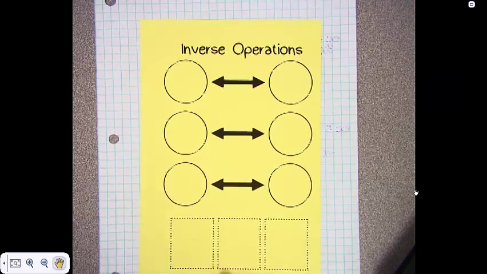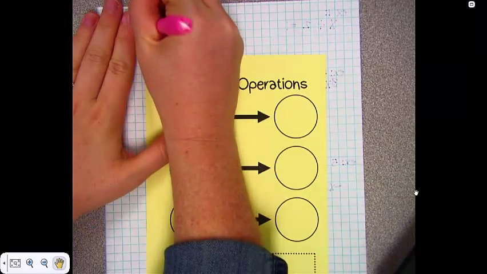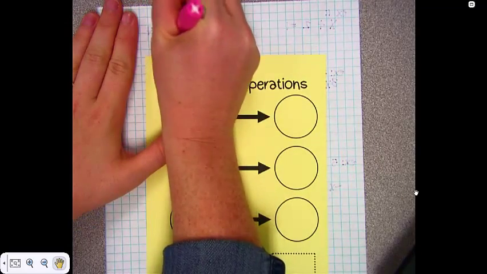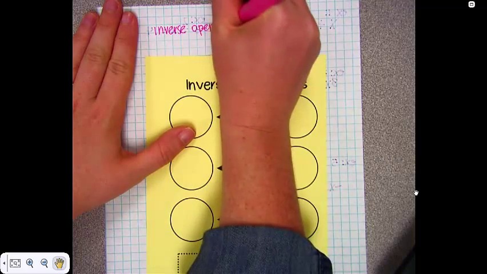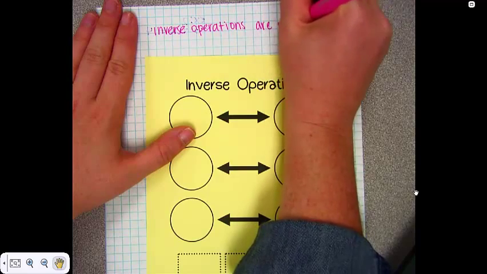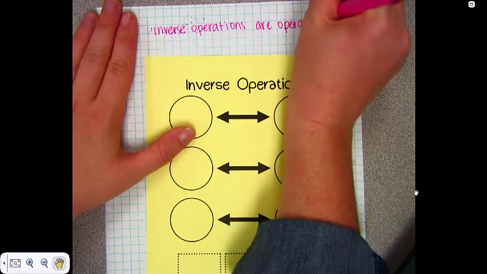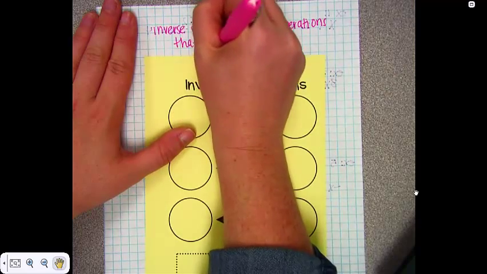The first thing that I want you to write down in your iPod is our definition for inverse operations. Inverse operations are operations that undo one another.